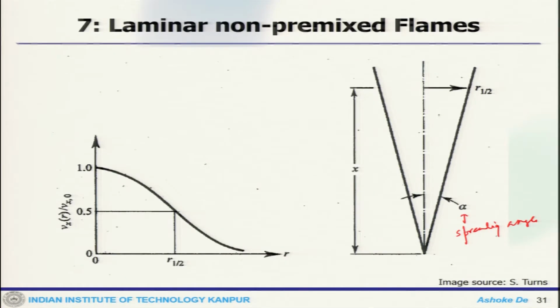So, one can look at this, and this is my Vx by Vx0, how it varies with R, that means along this radial direction. So, these three quantities, the spreading rate, spreading angle and half width, are very important when you characterize jet flows.